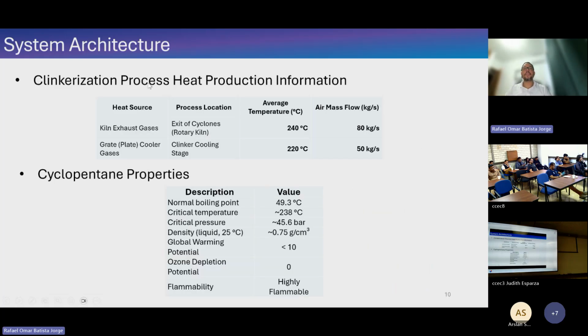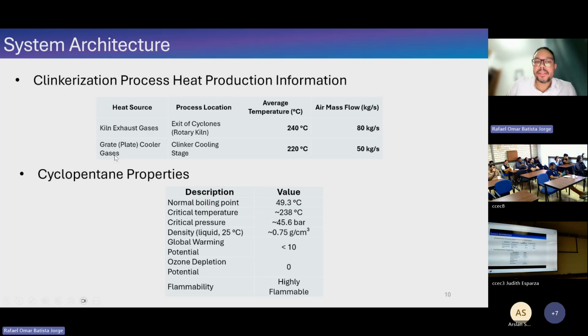So for the clinkerization process in production, we have the kiln exhaust gases at average temperatures around 240 degrees Celsius with an air mass flow of around 80 kilograms per second. And the clinker cooling stage around 220 degrees Celsius and with 50 kilograms per second of air mass flow.